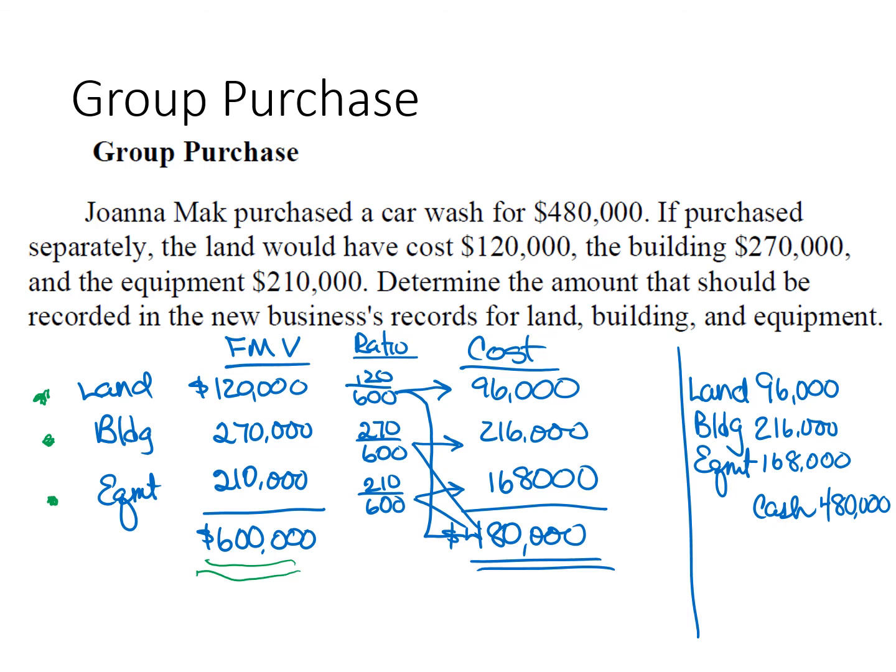And equipment, because its fair market value is $210,000 of the total fair market value appraisal of $600,000, is going to be allocated $168,000 of the purchase cost as its basis going forward. So equipment gets debited for $168,000, and we credit cash or notes or accounts payable for the purchase price, $480,000. So when we have a group purchase, allocate the cost based on the relative fair market values.